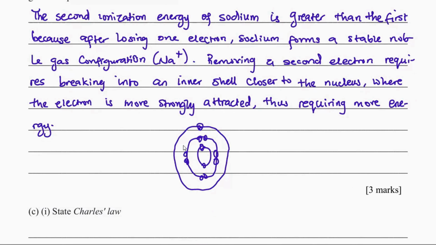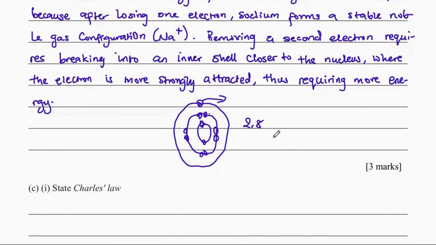Sodium is 11 altogether, so it's easy for sodium to lose this 1. When it loses it, it becomes 2 and 8, just like neon. So losing the first one requires first ionization energy. But when you attack the second shell, it will require so much more energy because sodium is already stable at this point. So that is the summary of what is happening here.